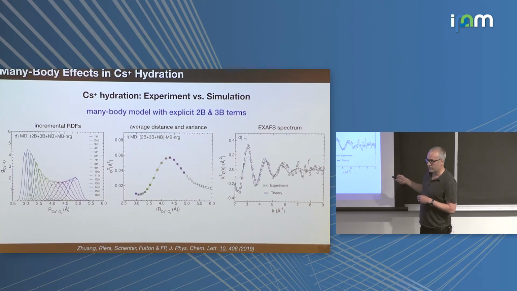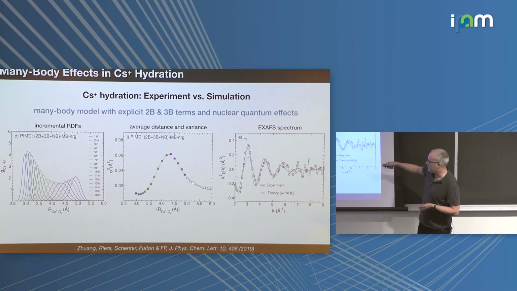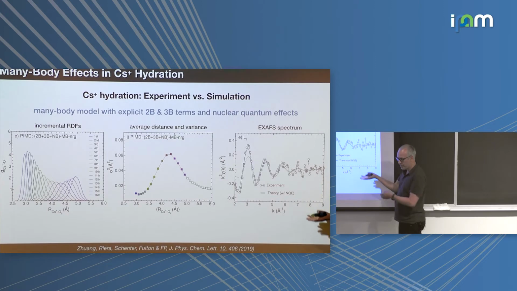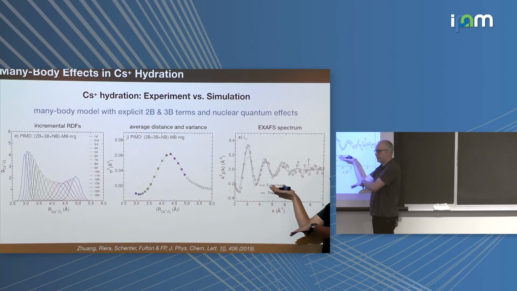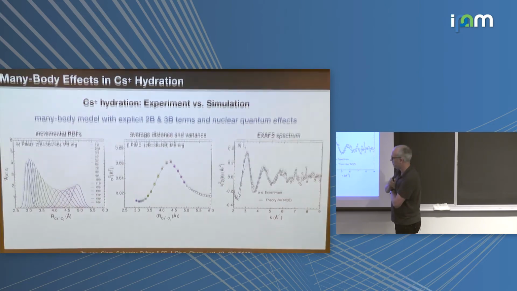You put the three-body, and you are getting closer, and these things are changing as well. And then I put quantum effects, and these peaks are also changing. So now we don't have a model that is only better visually, but it's actually more physical, because it actually reproduces the hydration shell correctly when compared to the experiment.